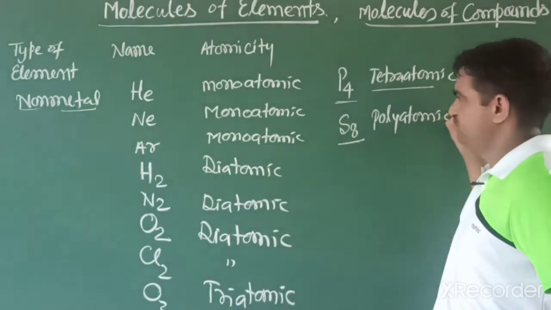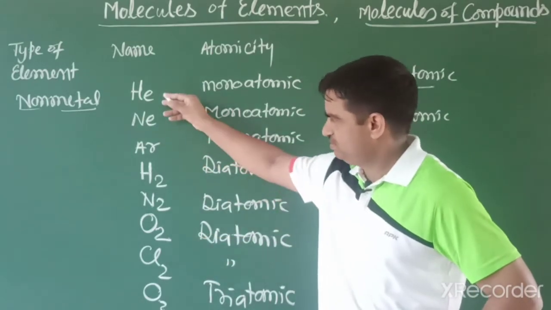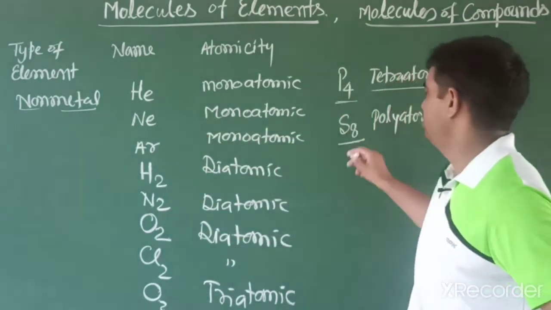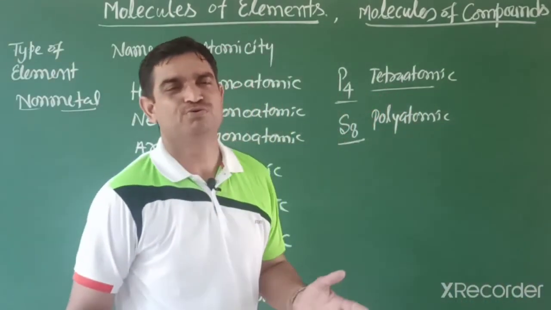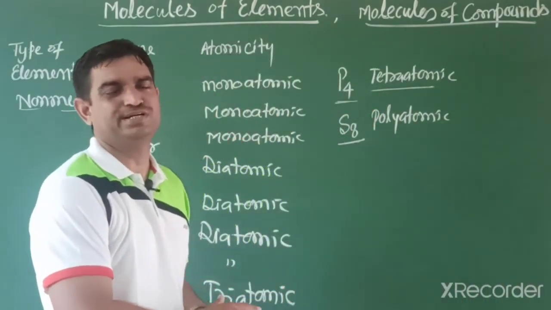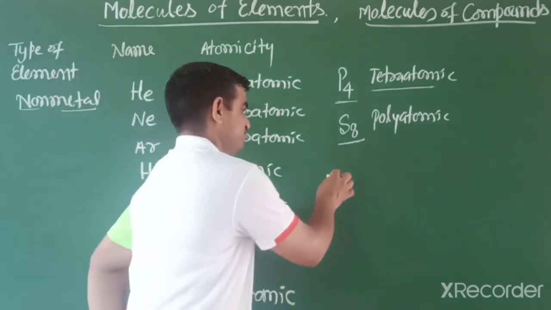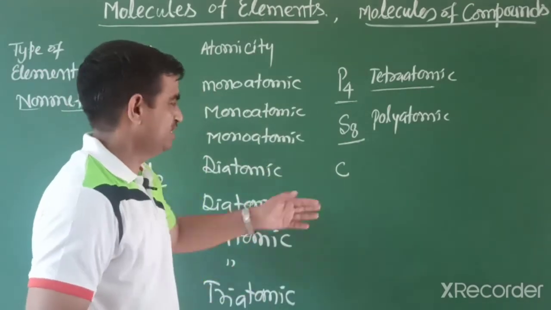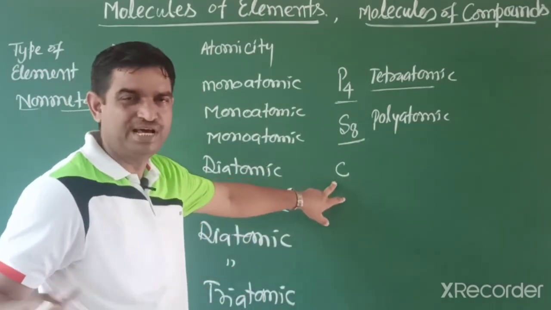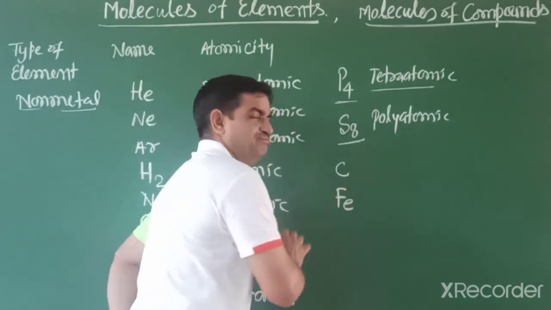All these are non-metals and generally found in gaseous state, but sulfur and phosphorus are found in solid state, where the molecules also aggregate and convert to solid state. But carbon has millions of atoms combined, so it is represented only as C. Like metals, iron is represented by Fe.